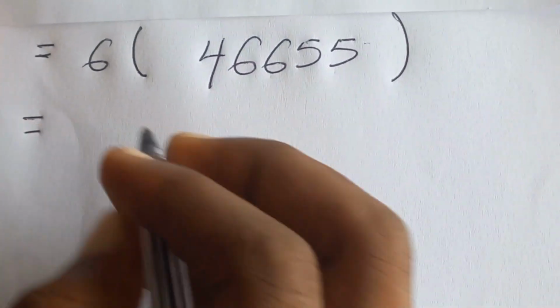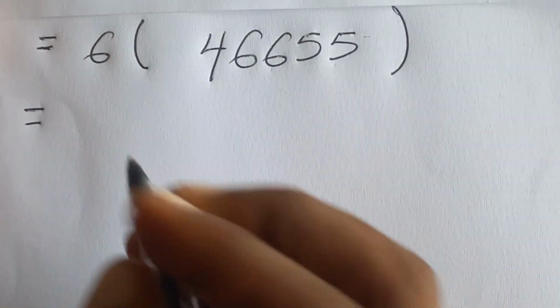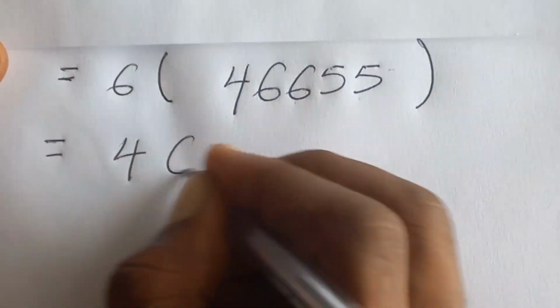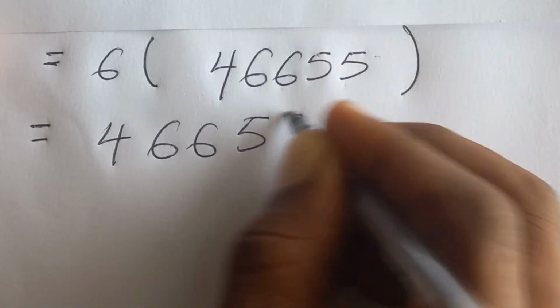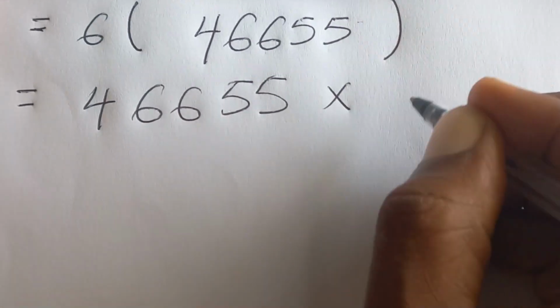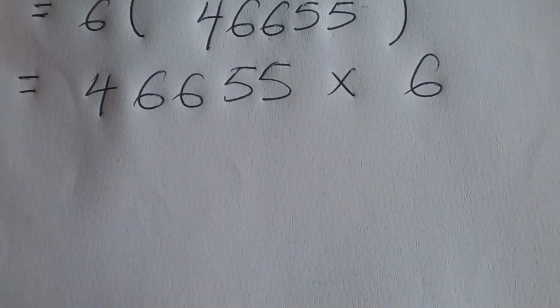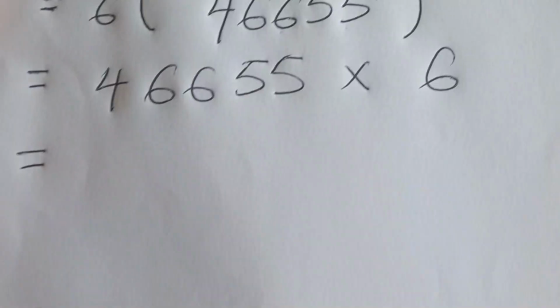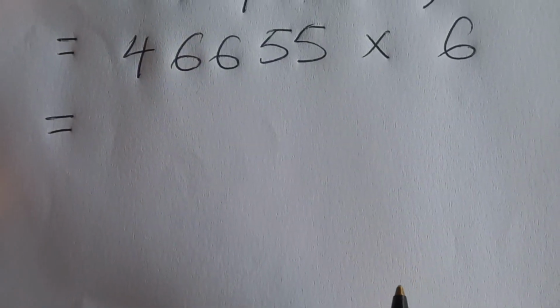Let's continue with this. Now we are going to multiply this. So it's going to be 46655 multiplied by 6. Don't forget, we are not supposed to use a calculator.